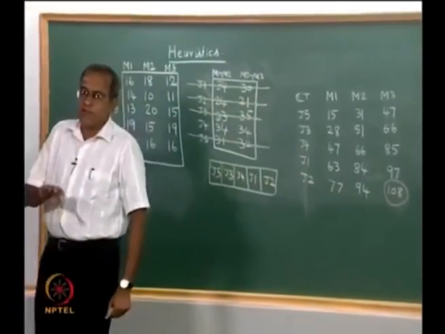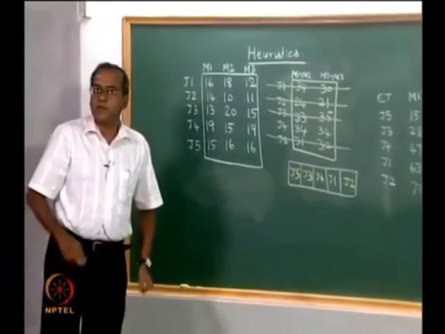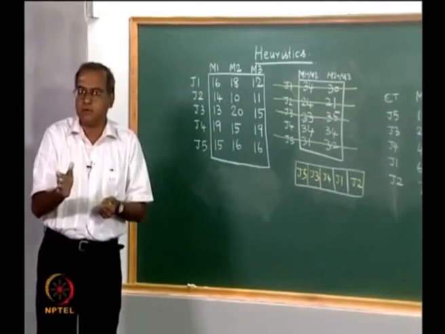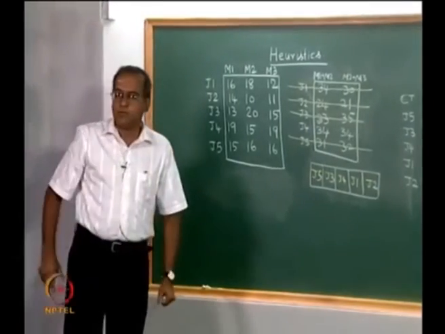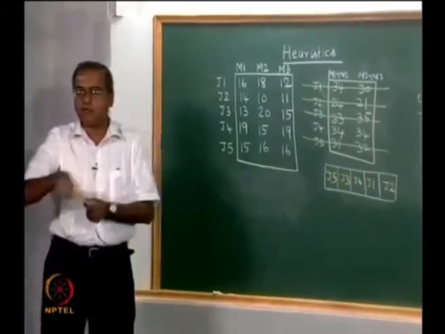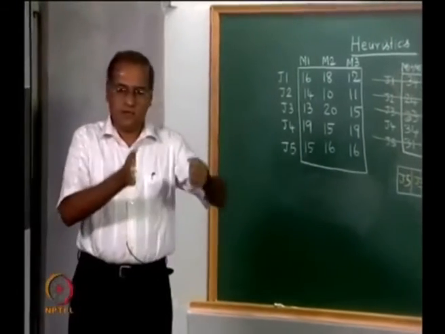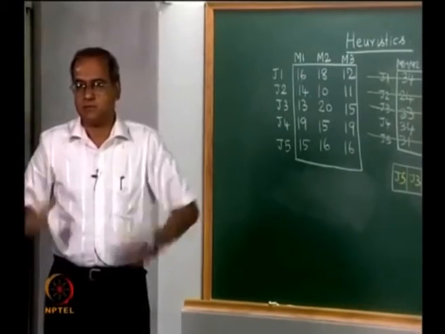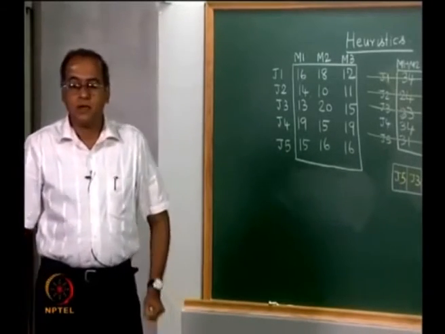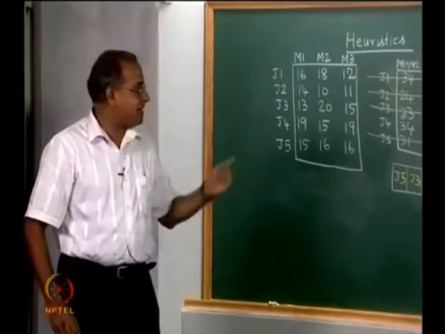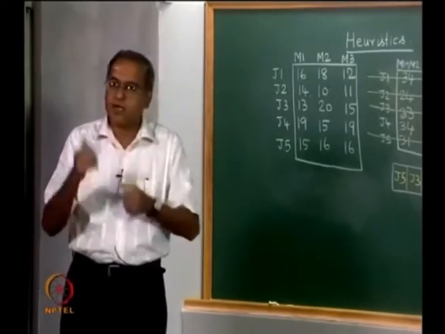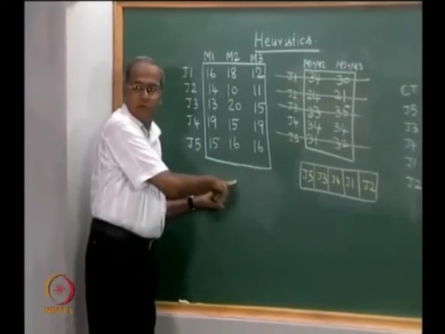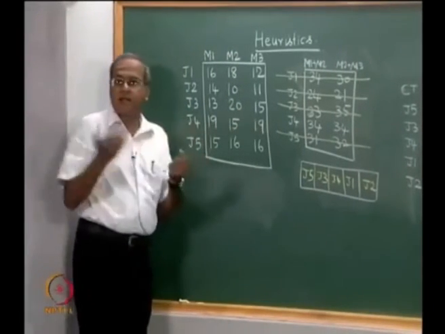Right. So what we have done right now is we have simply applied the Johnson's extension algorithm to a 3 machine problem and created an equivalent 2 machine problem with M1 plus M2 and with M2 plus M3. Now if we go back and revisit what we did in the Palmer algorithm, we essentially put a 0 weight on M2, which means we looked only at M1 and M3.